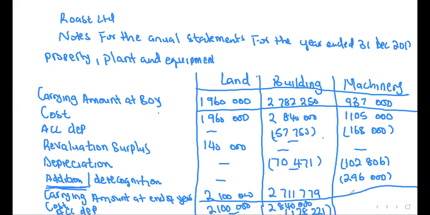Right, so it's going to be 625, 86, 806. Then our carrying amount is going to be 5. Okay, so you will be done with your PPE.